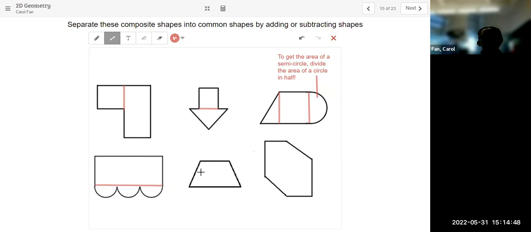A trapezoid, we could have 2 triangles and 1 rectangle. And this one, we could have, now there's different ways to divide it.